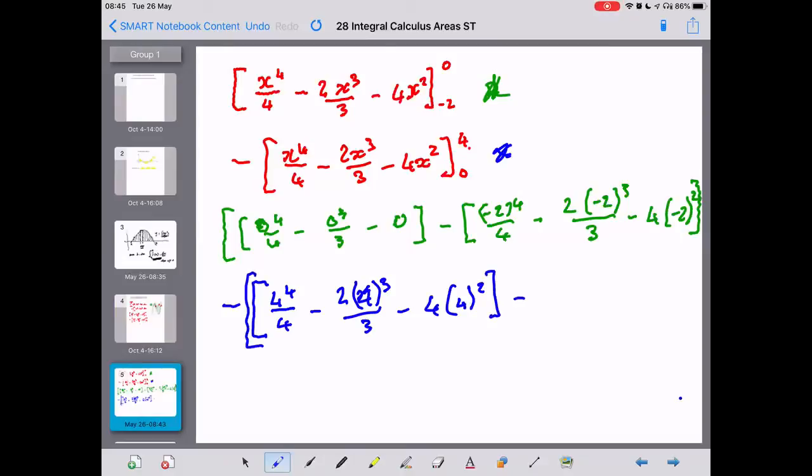Take away, well, when this is 0, they're all going to be 0, aren't they? Because, okay.